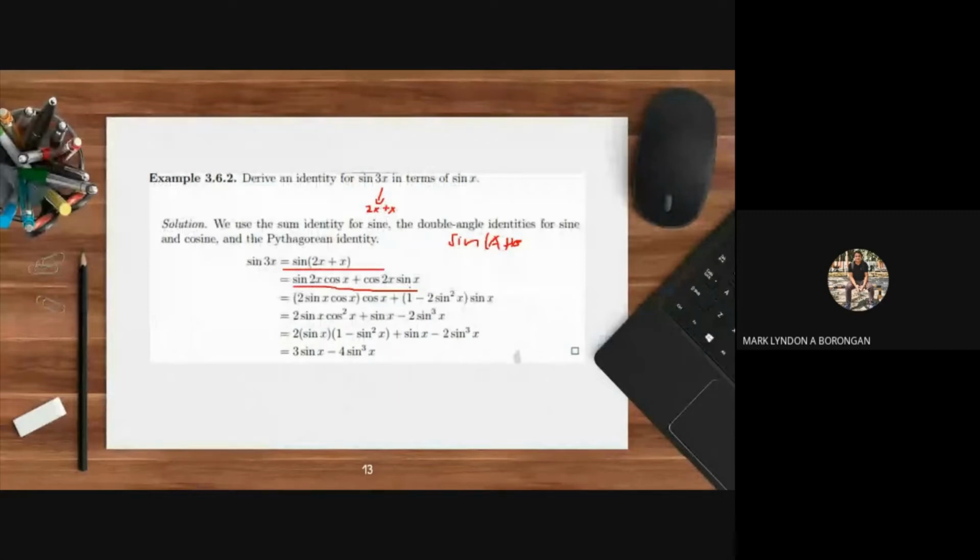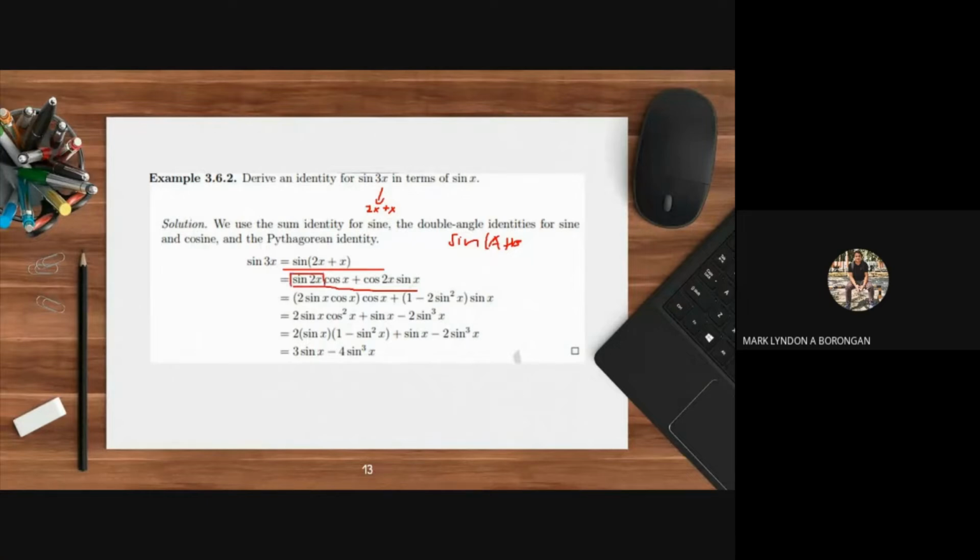Okay. So after that one, ato na siyang ma-transform na to na siya, no? By using our Pythagorean identity ra siguro gyapon or ato ang cosine dai. Cosine identity. So atong sine of 2a diari. Sine of 2x dai.